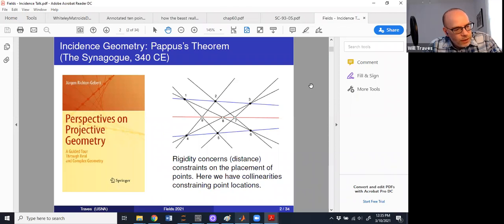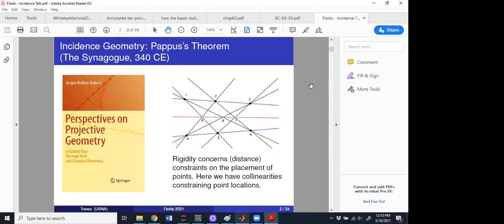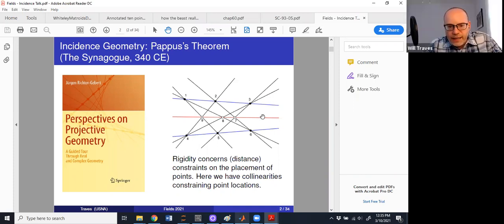Yeah, at one point I wanted to know whether there was a kind of forbidden minor characterization of rank. So, if you've got 8 lines like this, forget about the red line, then each collinearity imposes some kind of constraint on your configuration space of points, right?